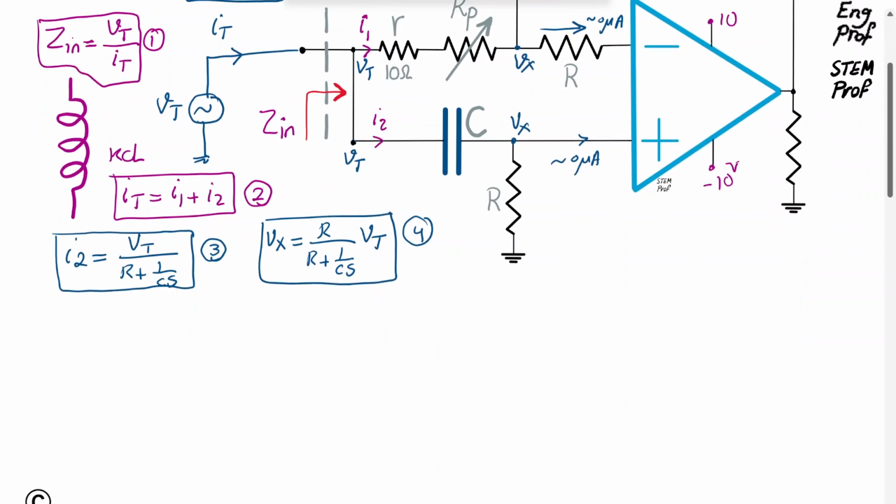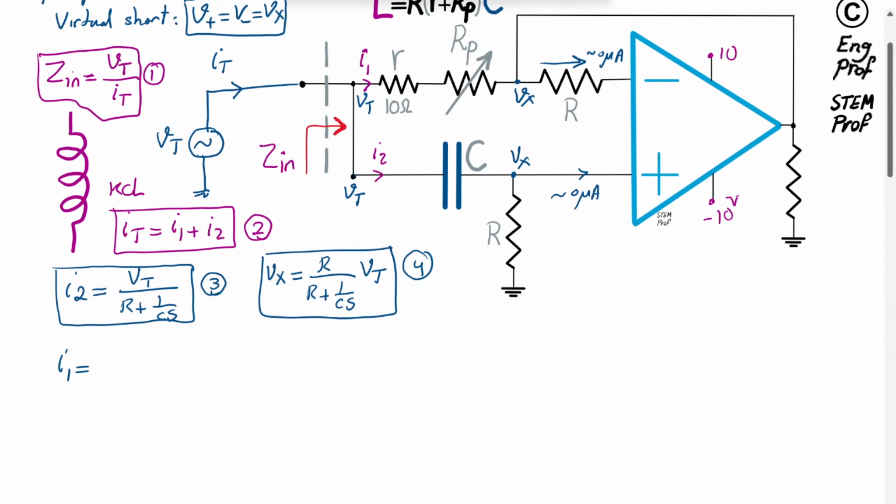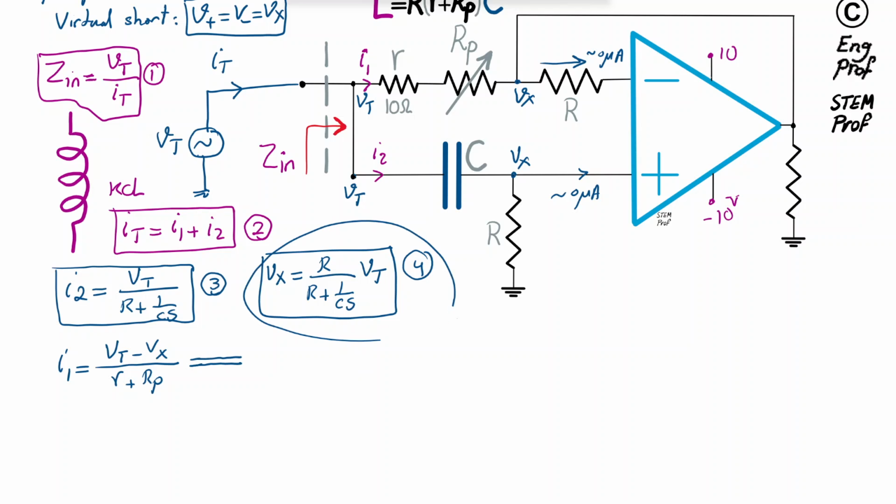So I'm going to write I1 is equal to the voltage drop across the series, which is Vtest minus Vx, divided by the series of small r plus the capital Rp, which is the potentiometer. Now, in this equation, I'm going to substitute for Vx using what I found in equation 4. So using equation 4, it becomes 1 over R plus Rp times Vtest minus, and then Vx here is just R over R plus 1 over Cs times Vtest.